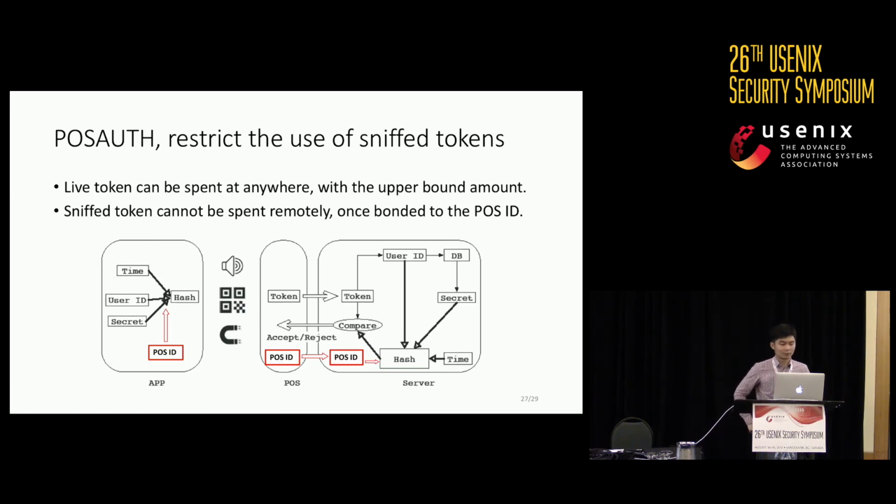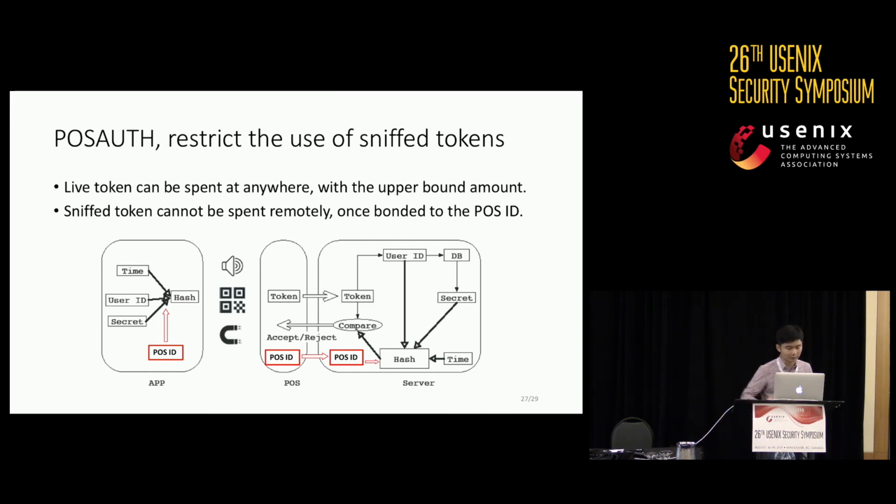To defend against all the STLS attacks, we proposed POSAUTH to restrict the use of sniffed tokens. We know that a live token, once sniffed, can be spent by the attacker anywhere up to the upper bound amount of money. But once the token is bound to the POS machine ID, the sniffed token cannot be spent anywhere remotely.